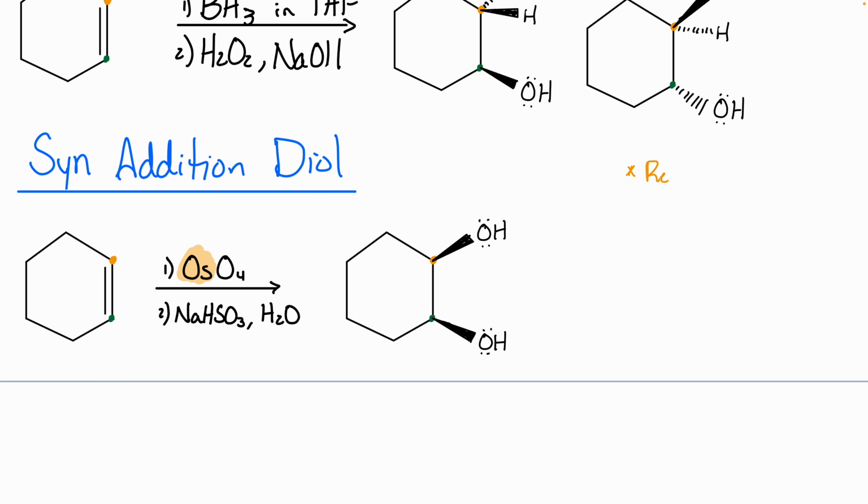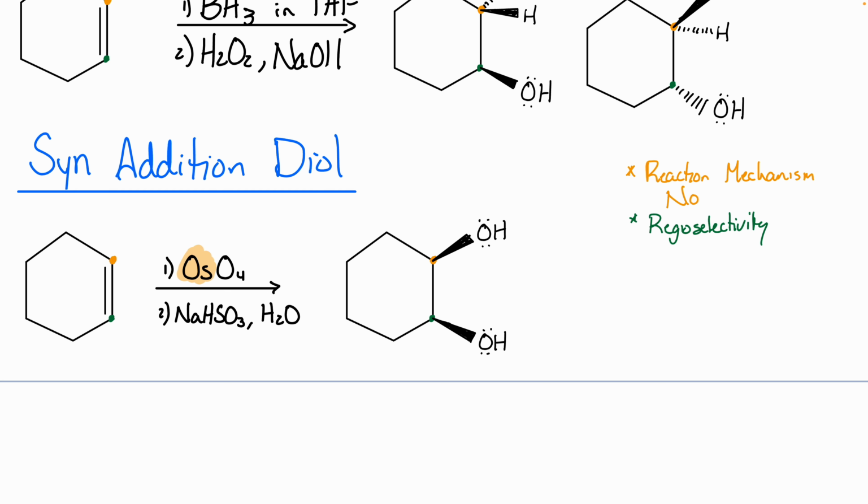We do not have a reaction mechanism. What about regioselectivity? Does it matter which side I put my hydroxyl group on? No. Why don't we have regioselectivity? Because they're both the same, right?